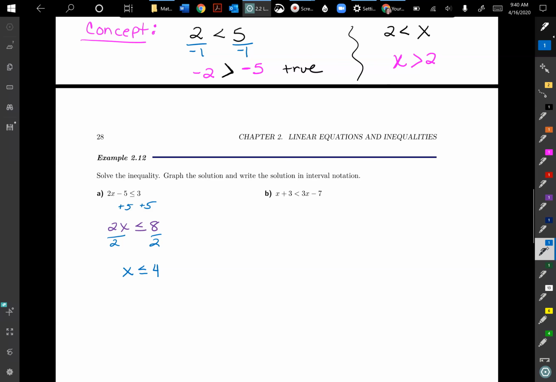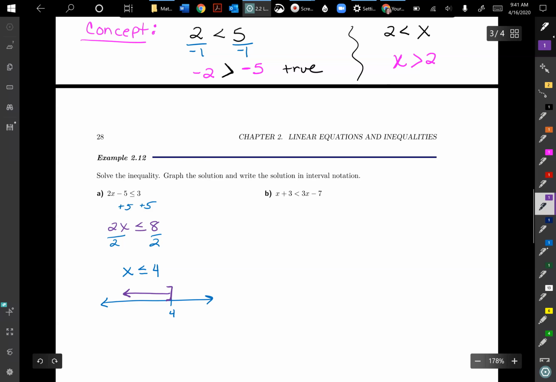And later you'll see that as set notation. We would just put some braces around that. And then we will graph it. So just a quick little graph. We don't have to put all the numbers in. Just make sure you put the one that we're talking about. And then we have a bracket, and the arrow should go left.